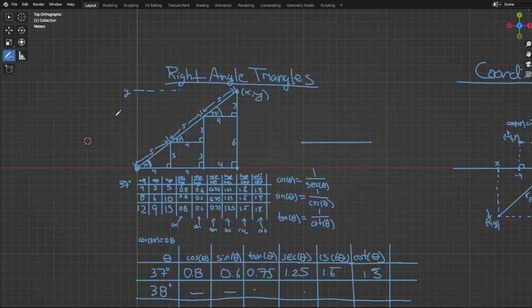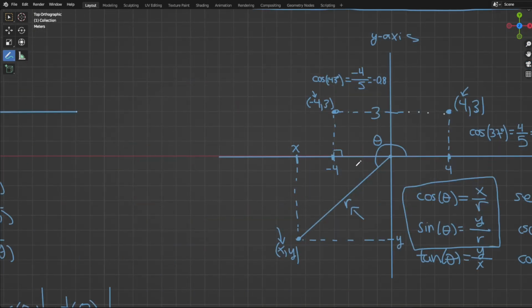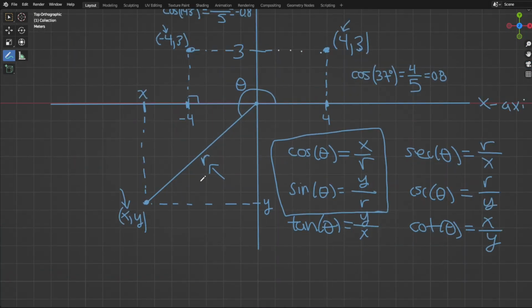But the coordinate definition says, okay, I'm not going to care about what the adjacent is. I'm not going to care about what the opposite value is. I'm just going to care about the distance to the origin from its current location, and we'll call that the radius.